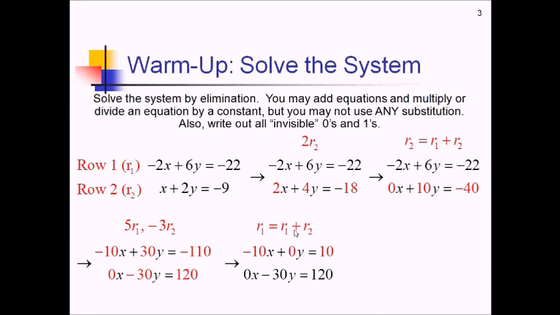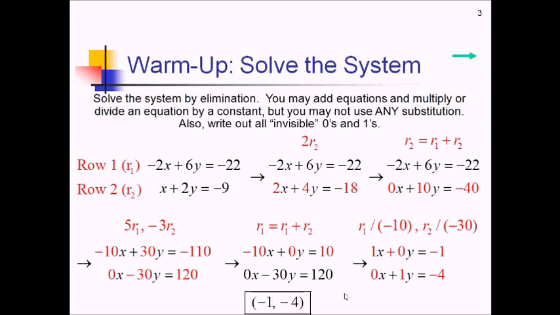So the top row, let's divide that by -10, and the bottom row will divide that by -30, the coefficient of y down here. Doing that gives me x plus 0y equals -1, and 0x plus y equals -4. Or, to put it very simply, x equals -1, y equals -4. So I have my answer, -1, -4.